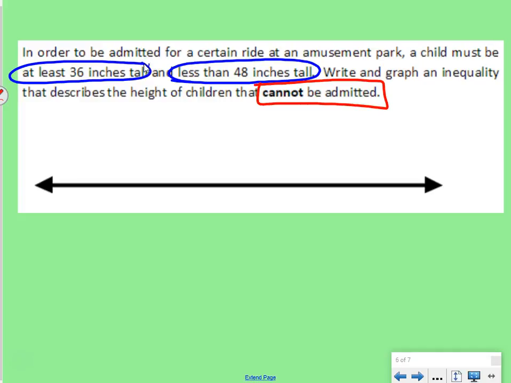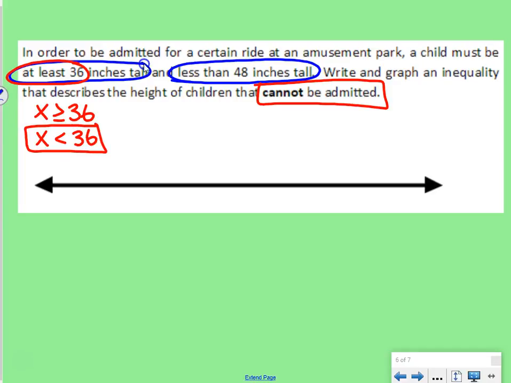All right, so if you can be admitted to be at least 36 inches tall, that would be x is greater than or equal to 36. So then those who could not be admitted would be the opposite of that, x is less than 36. So this would be the piece that we want.